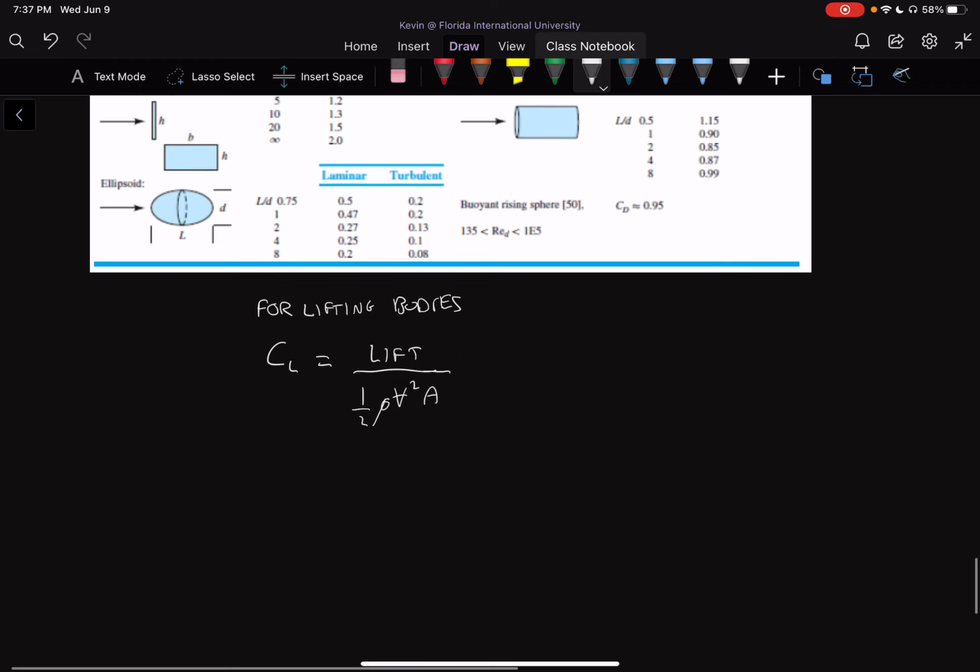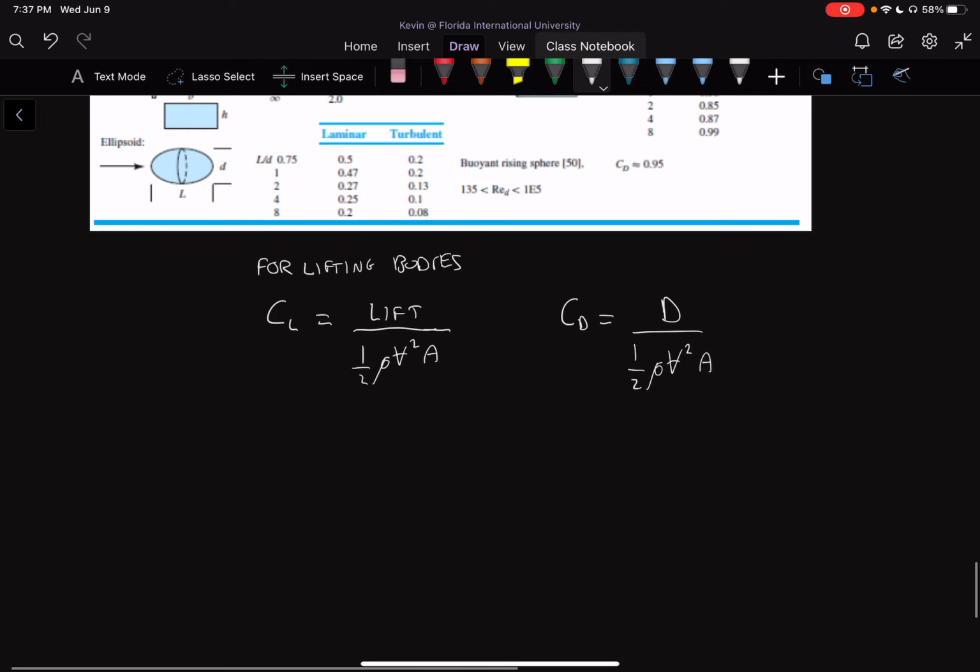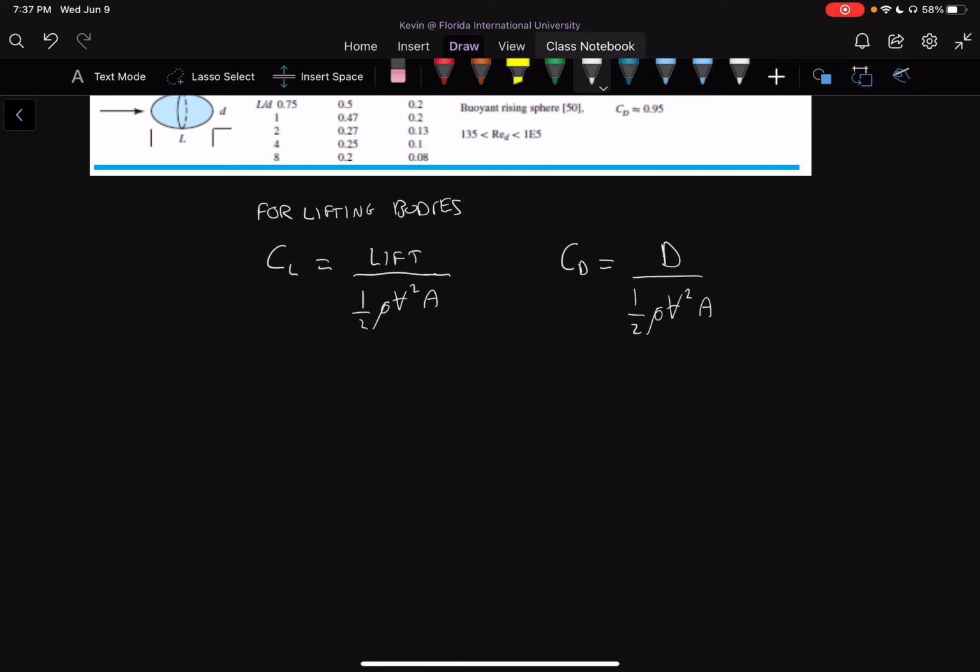So for lifting bodies now, we have two equations to use. We have CL and CD, which is drag over 1/2 rho V squared times A. And we know that CL and CD, for lifting bodies, are a function of two different things.